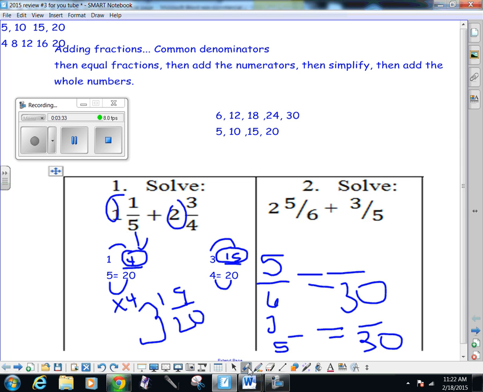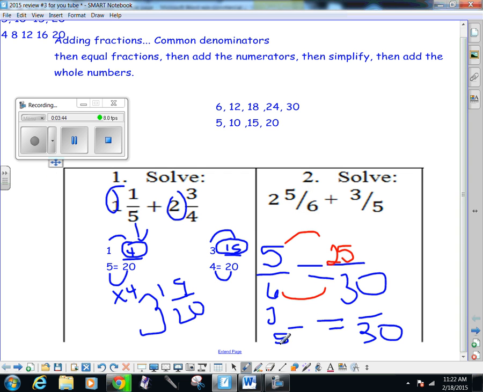So when I look to go from 6 to 30, it's times 5, so I do the same thing here. So it's times 5, so that is 25/30. And then to go from 5 to 30 is times 6, and so I had the 3 here, so 3 times 6, that's 18. So now what I'm going to be doing is I'm going to add my numerators.